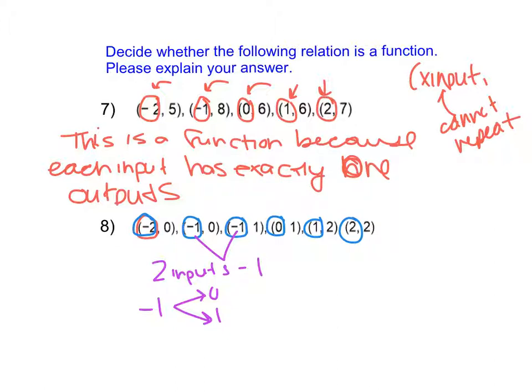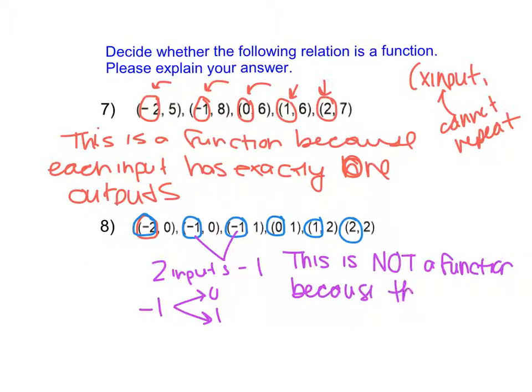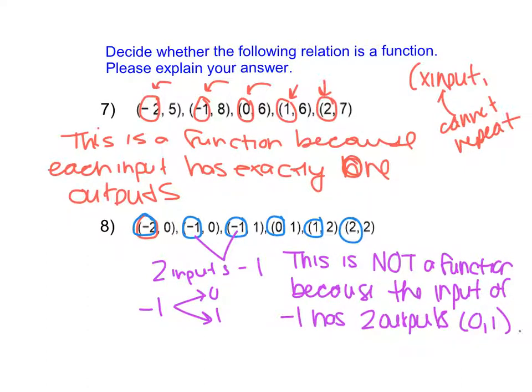So I have 2 -1 inputs, which is a problem. So what this tells me is this is not a function because the input of -1 has 2 different outputs that it could possibly go to, of 0 and 1.